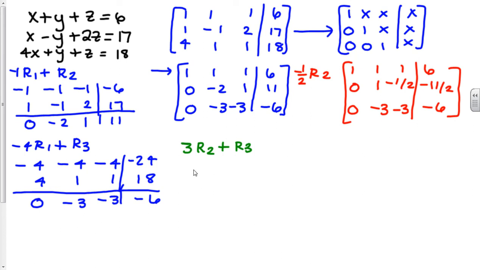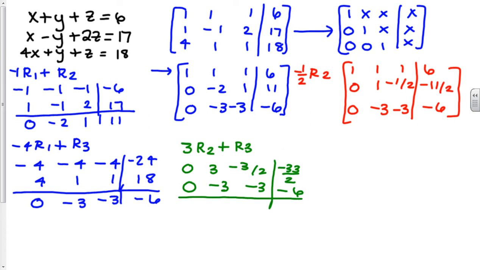So 3 times row 2 will give me 0, 3, -3 halves, -33 halves. I'm going to add it to row 3. 0, -3, -3, and -6. Don't worry about the fraction because we're going to get rid of the fraction a little later. So 0 and 0 gives me 0. 3 and -3 is 0.